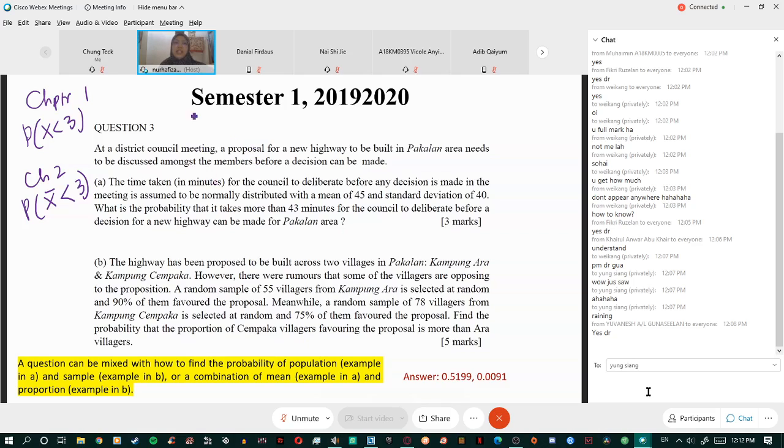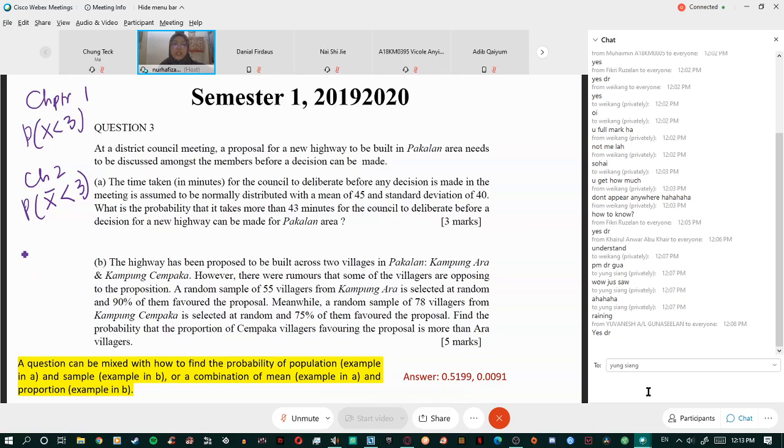Another thing is, if you do a chapter 2 question, you want to differentiate between the mean of the population and the mean of the sample, because sometimes we do not directly say it, for example, the mean of the randomly selected. So how do you identify?